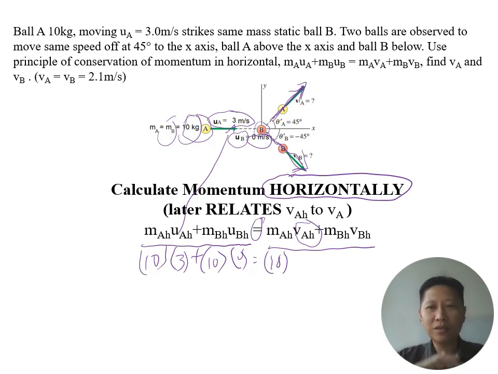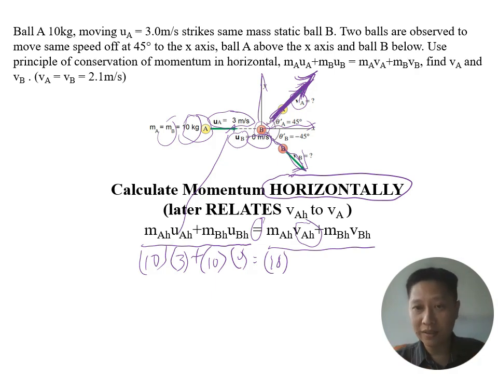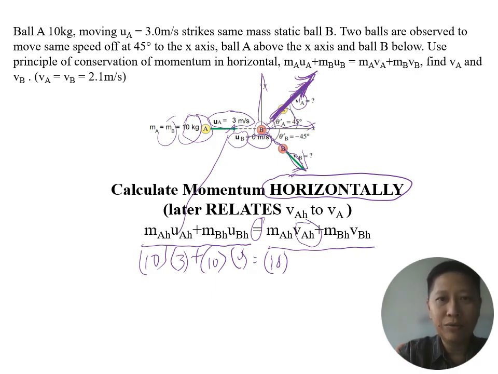So we need to find a way to relate it to this 45 degree angle, which is what we are interested in. At the end, the actual movement of the ball is going at 45 degrees. This is the real velocity. This is the resolved horizontal velocity.